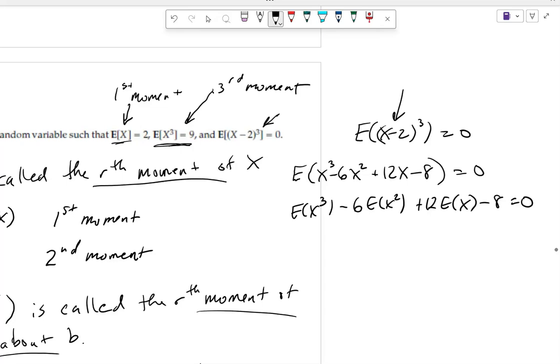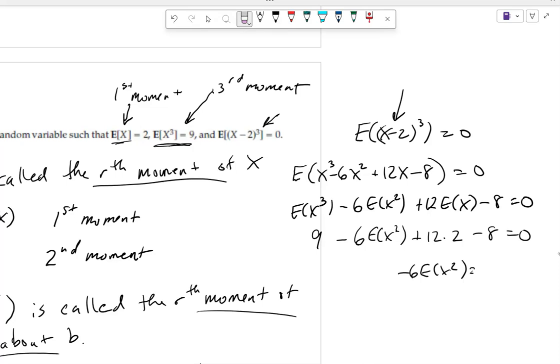And we have values for these things, don't we? Expected value of x cubed is 9. I don't know expected value of x squared. Expected value of x is 2. Uh, 9 plus 24 is 33 minus 8 is 25.